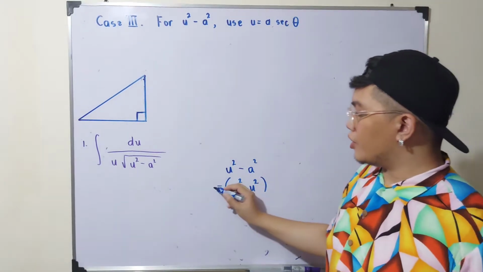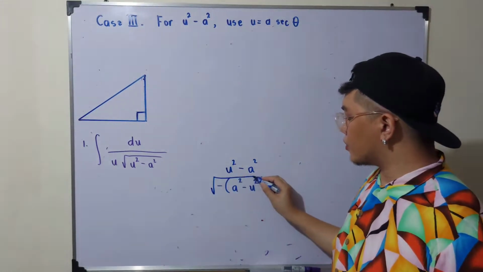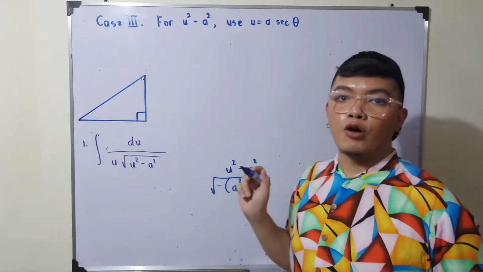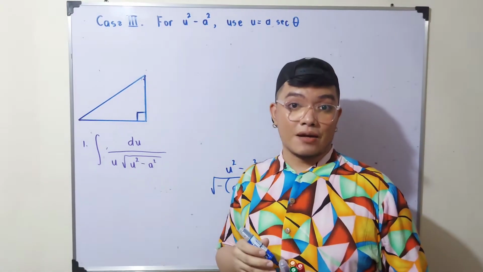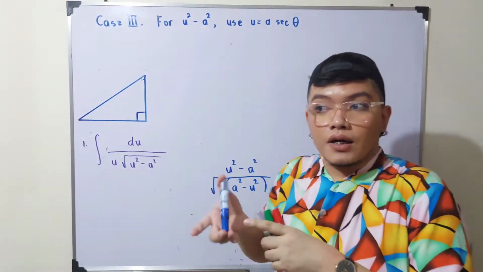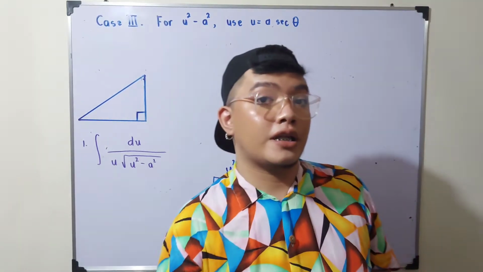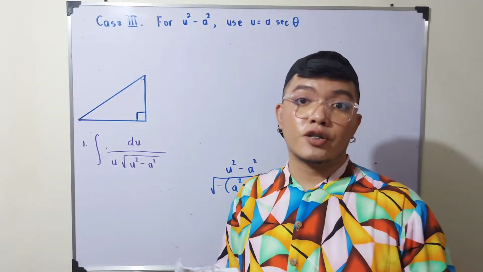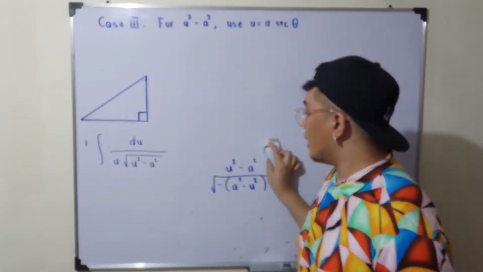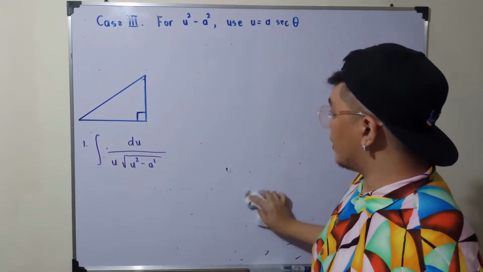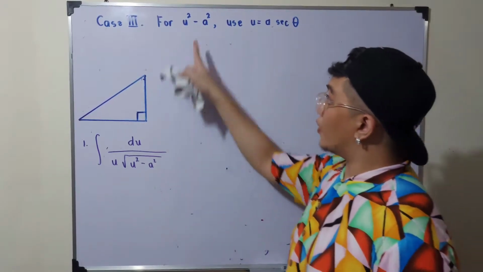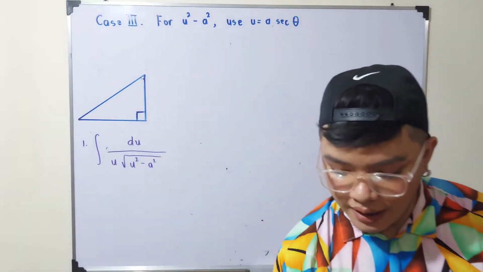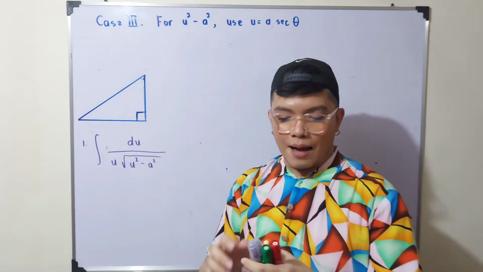So of course, alam nyo naman na kapag ito ay may square root, meron ng involved na complex number. And as to this time, go lang tayo real numbers, kaya iniiwasan natin yung ipasok tayo sa world of complex. Okay? So we are going to stick with this form para hindi na maging complex ang usapan.